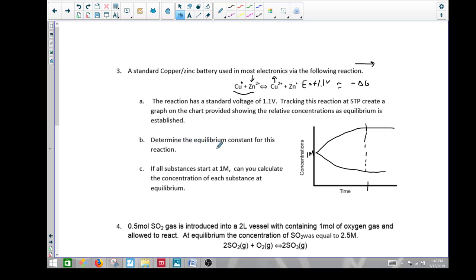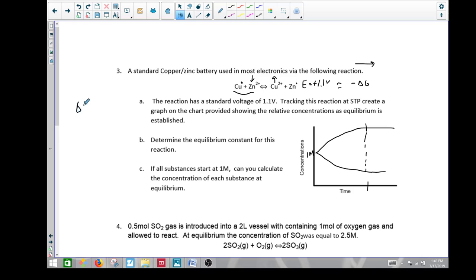All right, determine the equilibrium constant for this reaction. They have a couple different reactions on your laminated sheet. In this case, we have a few different ones. Let's just jot these down.